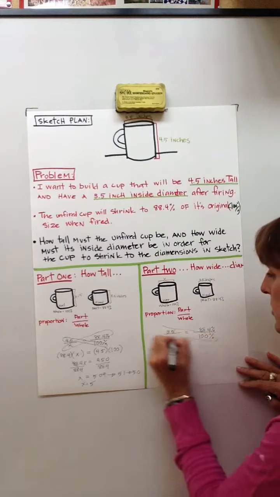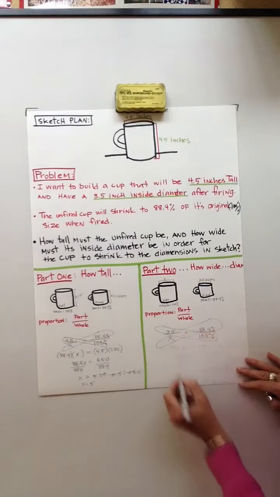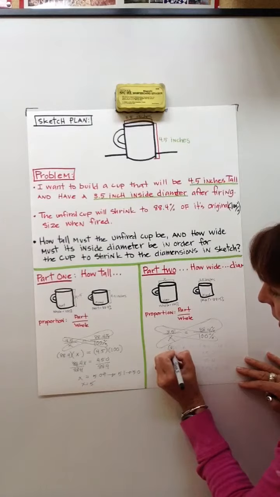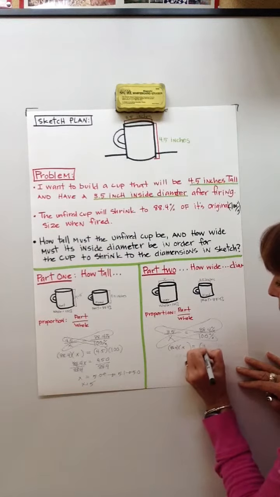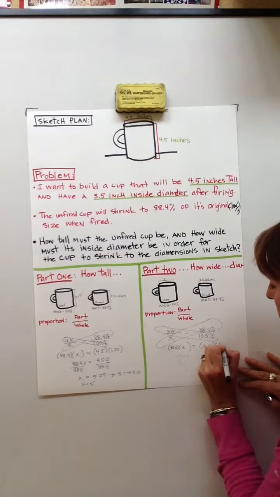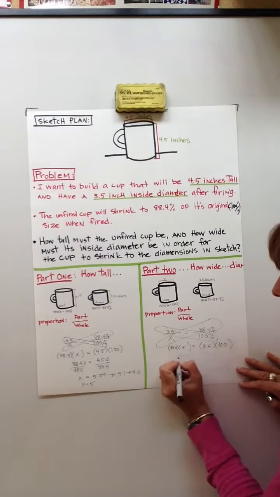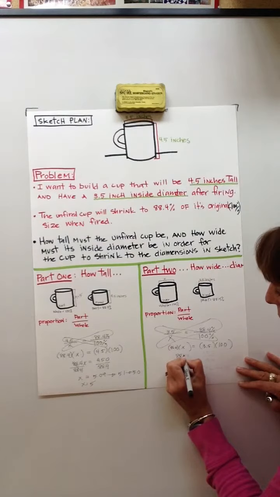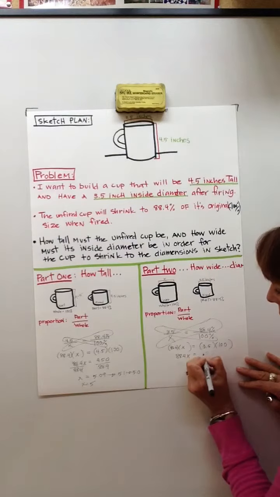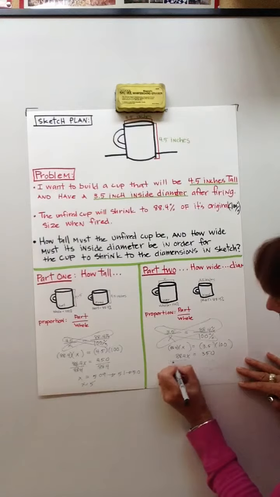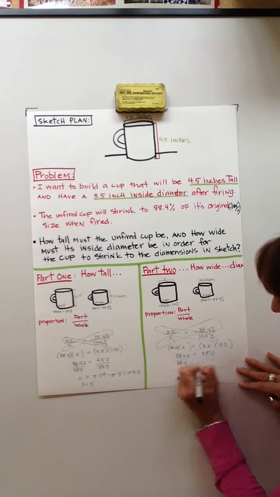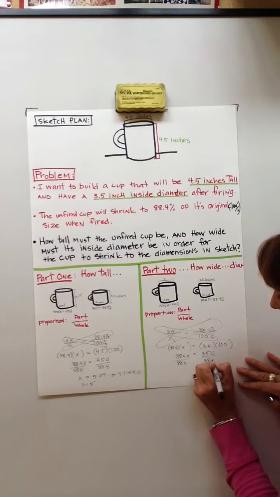Now we have to cross multiply. Okay, 88.4 times x equals 3.5 times 100. That gives us 88.4x equals 350. We have to isolate the x, so we have to divide by 88.4 on both sides.